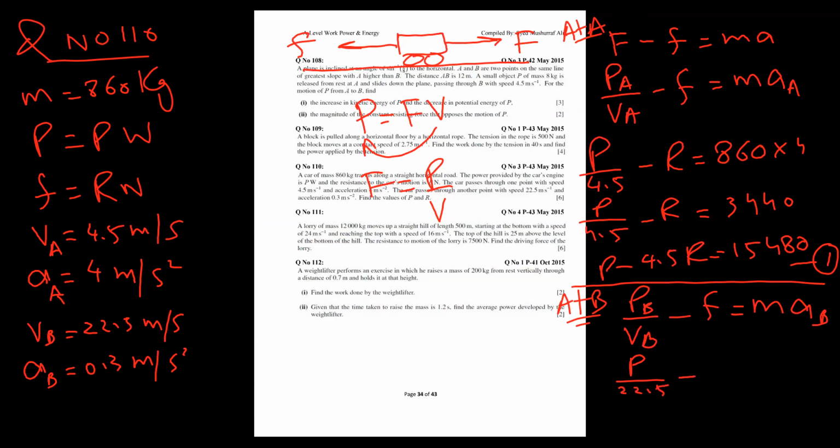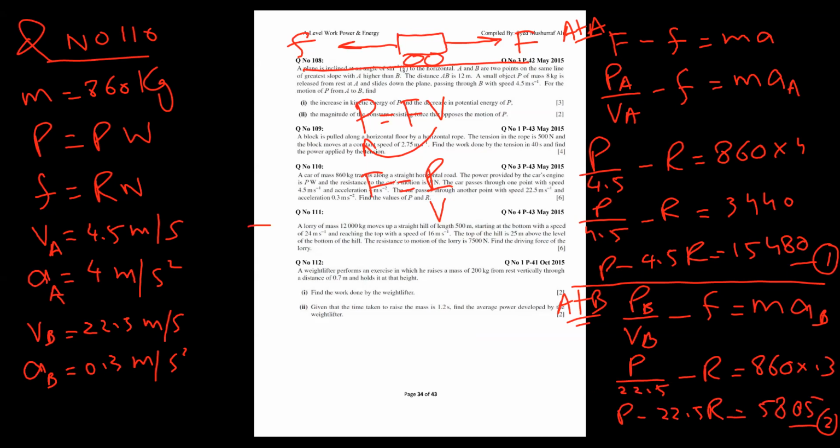Friction force is R, mass 860, and acceleration is 0.3. Multiplying the whole equation by 22.5, power remains the same, 22.5R here, and 860 times 0.3 times 22.5 gives 5805. Equation number 2 is ready.